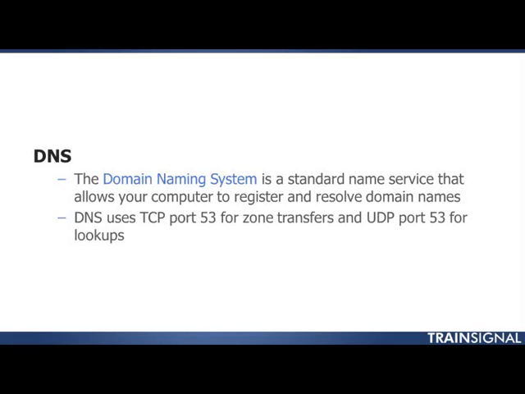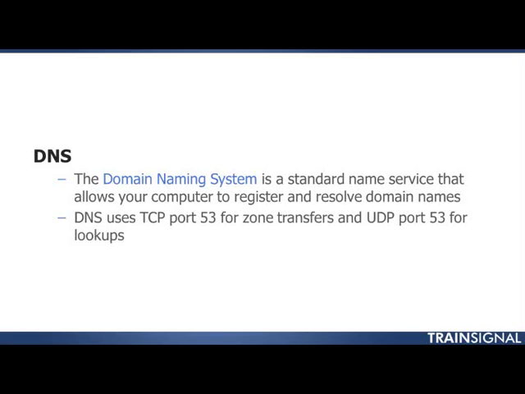The only other thing that I am going to share with you about DNS right now is that it uses TCP port 53 for zone transfers and UDP port 53 for lookups. Not only do we have this hierarchical naming system, but DNS is also used to help perform what's called name resolution, where you have a system where you, as I like to refer to it, the stupid human, and I don't mean you are a stupid human, I mean I'm a stupid human too.